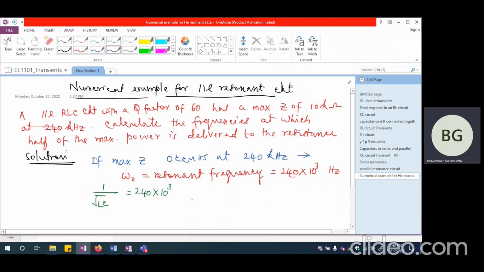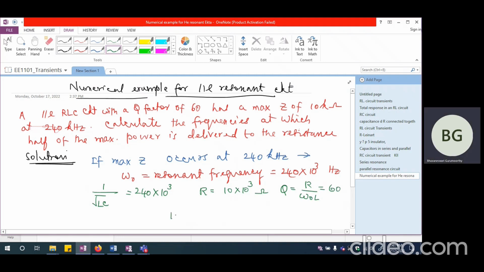Okay. So quality factor is already given as 60 and resistance is given to be 10 kilo ohm. So this is 10 multiplied by 10 power 3 ohms. That is the resistance. And quality factor, which is R divided by omega naught L, is given to be 60.